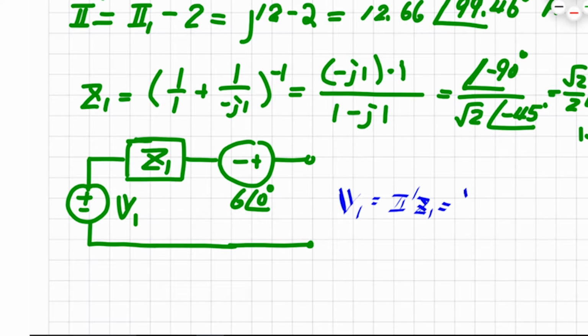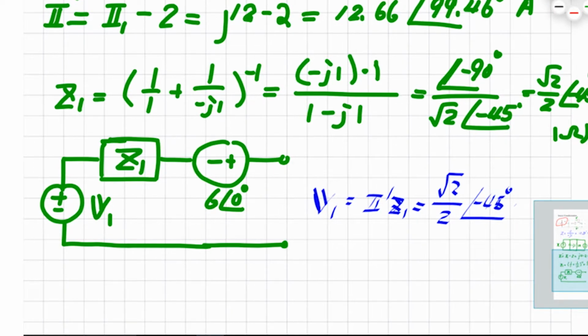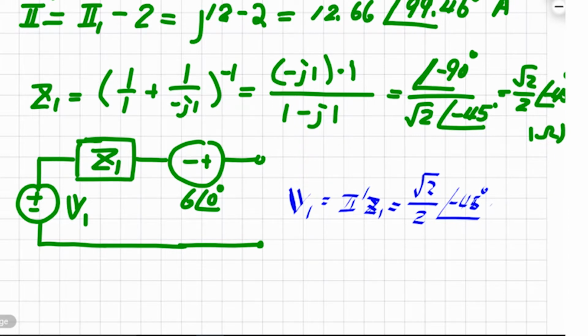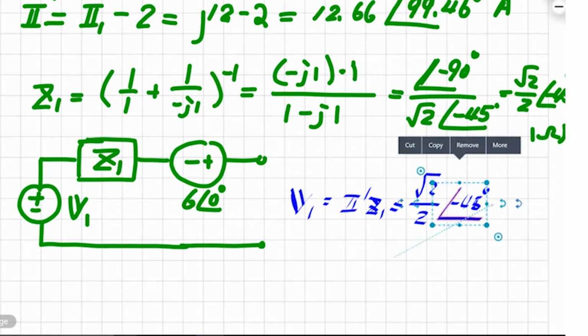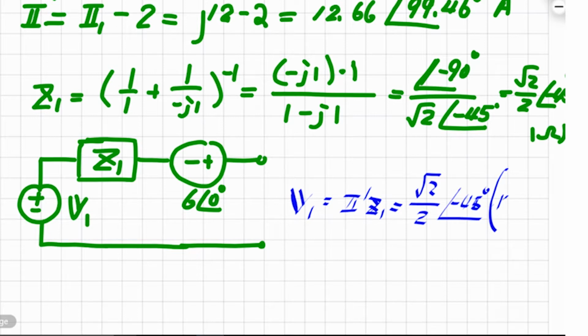So that is equal to root 2 over 2, negative 45 degrees as a phase angle, multiplied by Z1, and that's Z1 multiplied by current. That current here is equal to 12.66, and the phase angle here is 99.46.